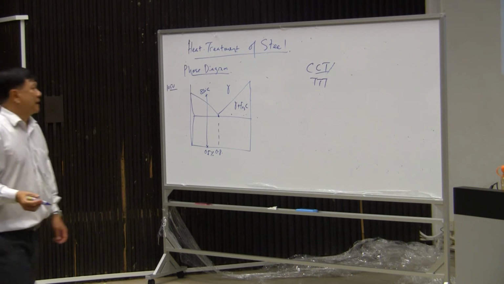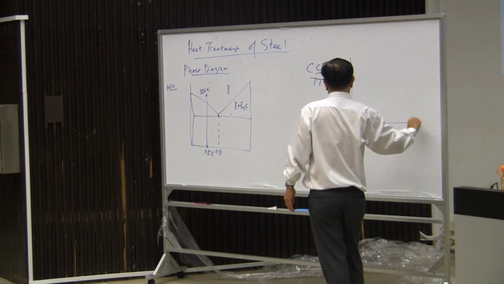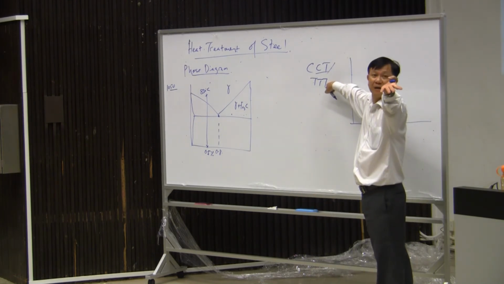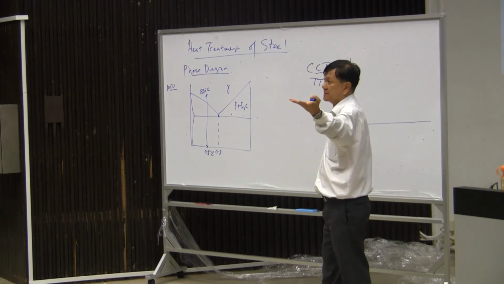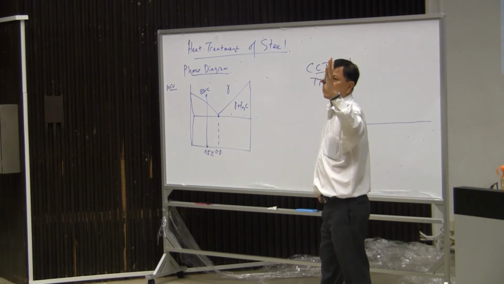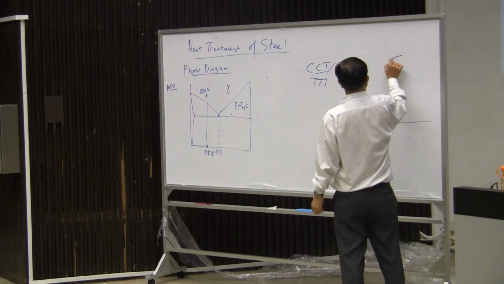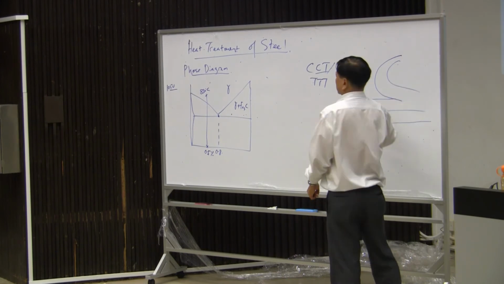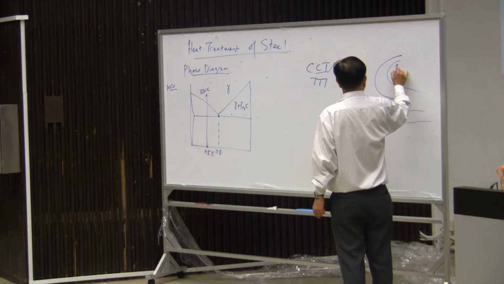Then after that, I come to this one, the TTT diagram. Some people call it CCT. CCT stands for what? Continuous cooling transformation. TTT stands for what? Time temperature transformation. Over here, just now I have already done this for you. Here is what?